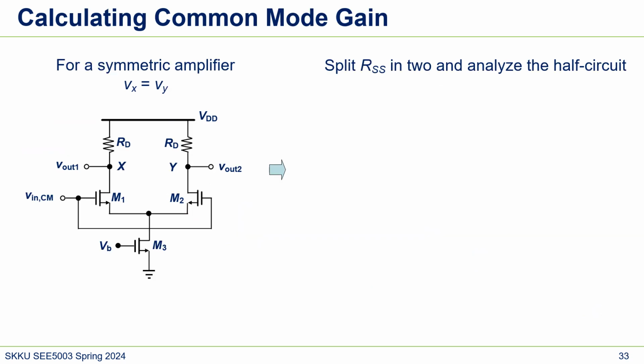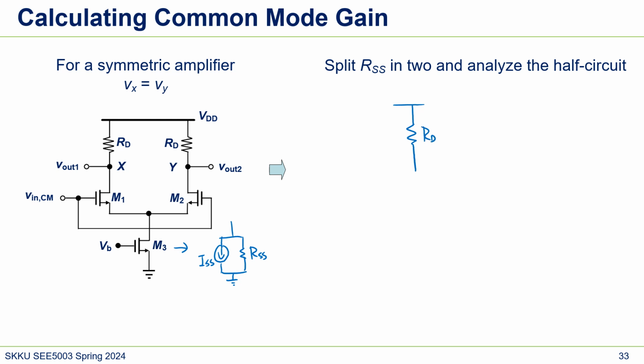And let's see in equation terms how this RSS can impact our common mode gain. As we discussed before, this can be replaced with RSS and ISS, right? Assuming a symmetric amplifier, like let's say there's no mismatch and everything is the same, what we can do is split them.